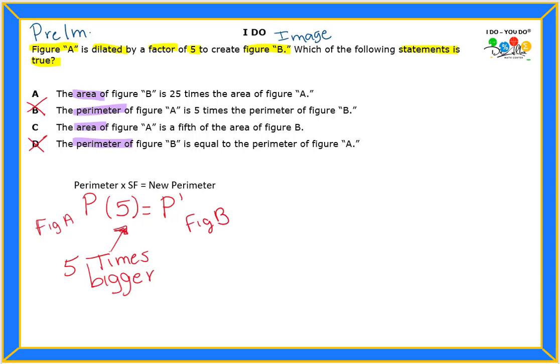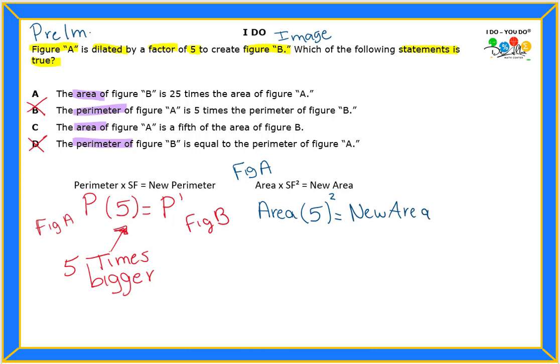Let's look at what about area. When it comes to area, we're going to have to follow a different rule. In the new one, how do I find the new area? Well, if I know the area for the pre-image, remember this one is figure A, I will need to multiply by the scale factor, which is 5, but I need to raise it to the second power, and that will give me the new area.